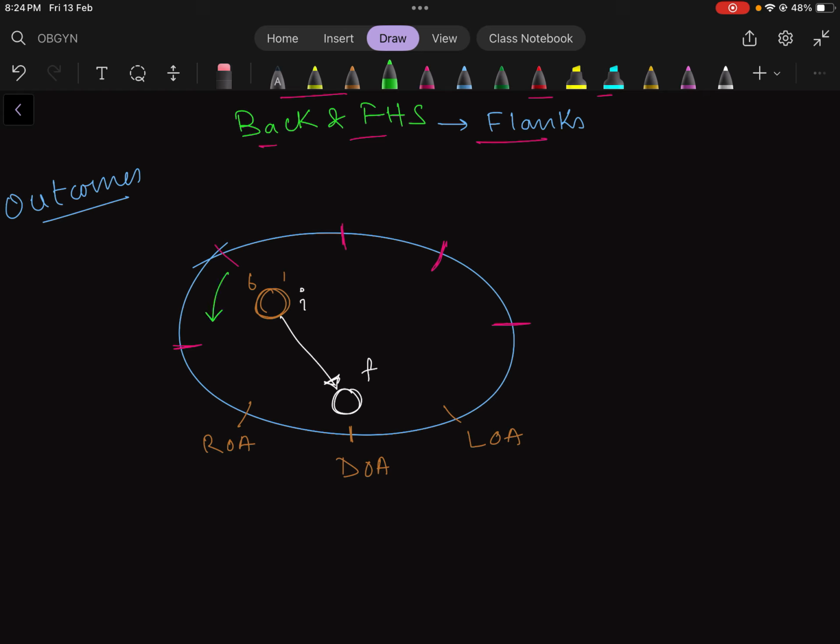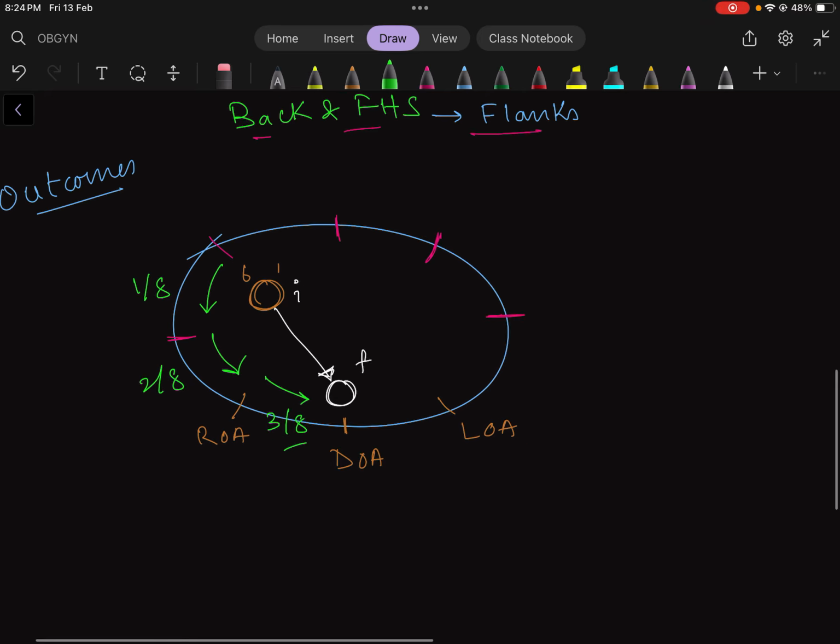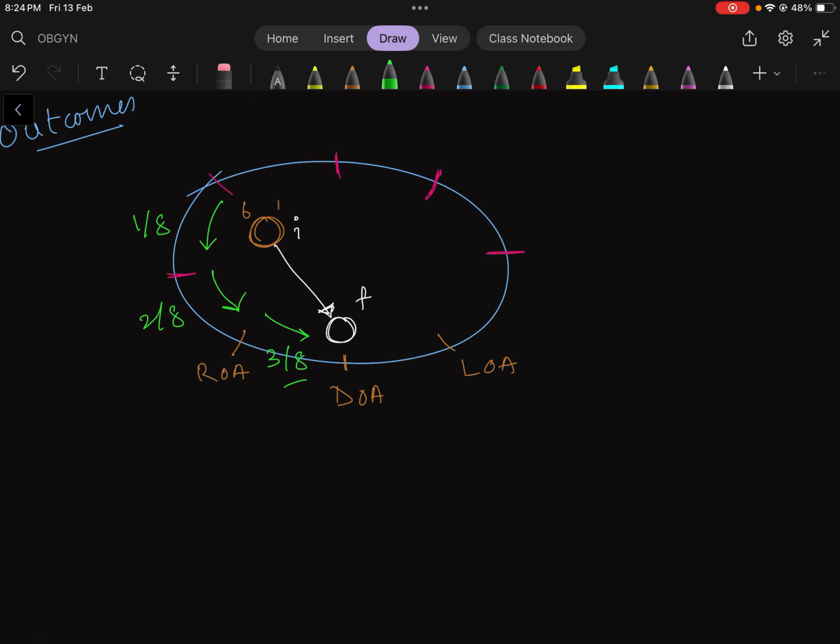this is first 1/8 of the circle, this is 2/8 of the circle, and this is 3/8 of the circle. So total the whole distance, it's better written as 1/8, 1/8, and 1/8.